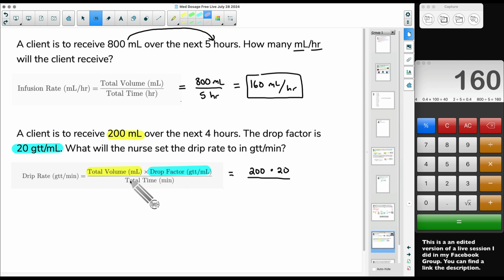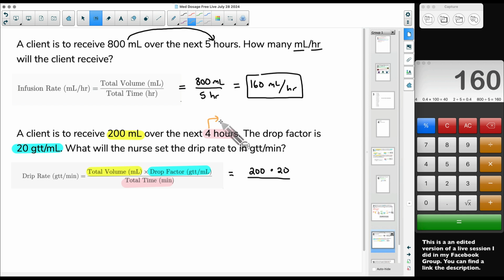And this is where you got to be careful. Do not divide by 4. In order for this formula to work, you got to have the time in minutes. And technically the reason why you got to have that, y'all, is because we want drops per minute. Well, we have to be careful here. The 4 hours, if you want to use the formula, you do need to multiply.